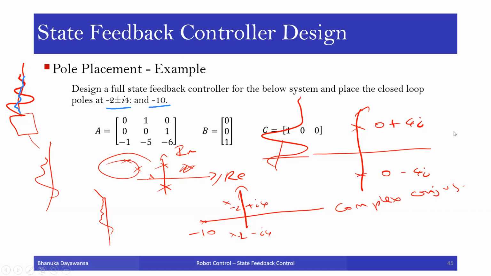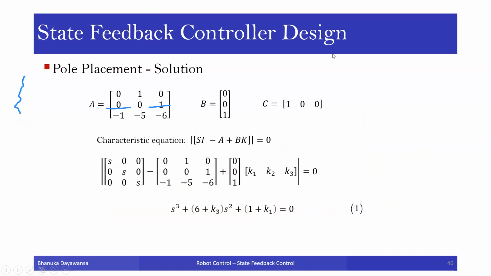First up, we have the system like this. We just substitute everything into this form, nothing else, very simple. SI means you simply multiply an identity matrix. If I remember from maths, if you have a 3 by 3 matrix, the diagonal is 1.